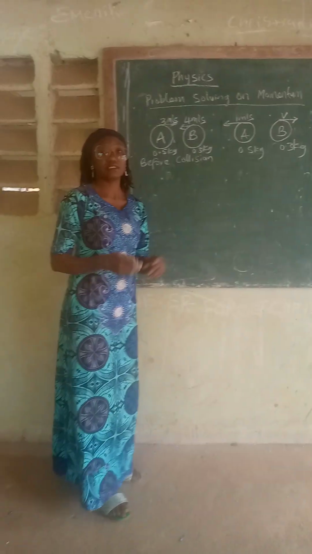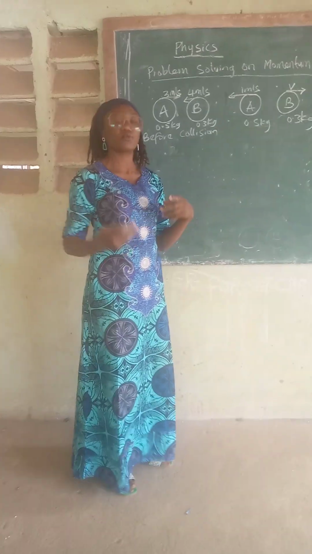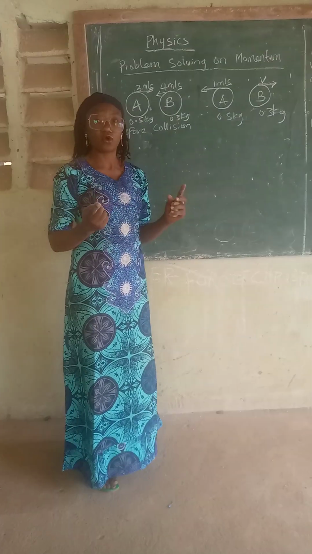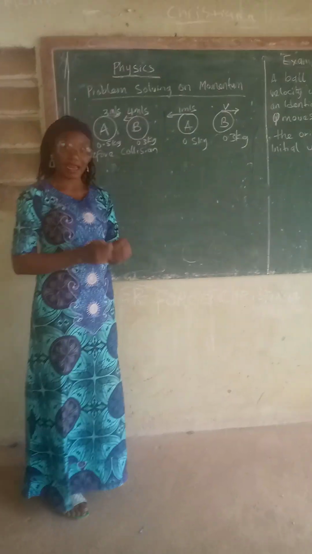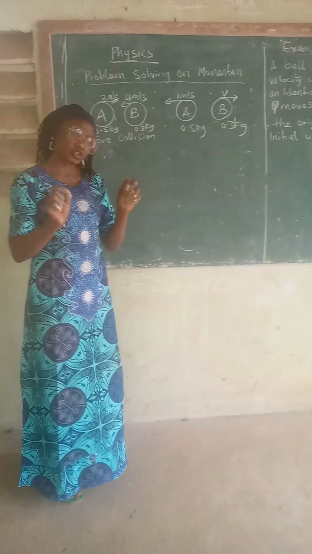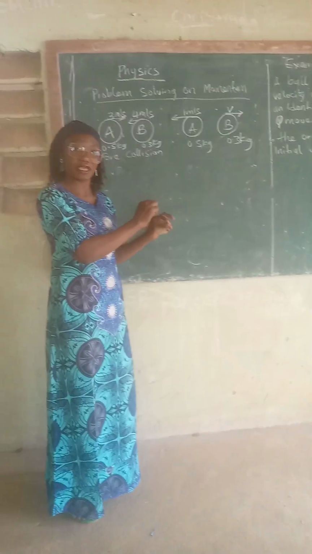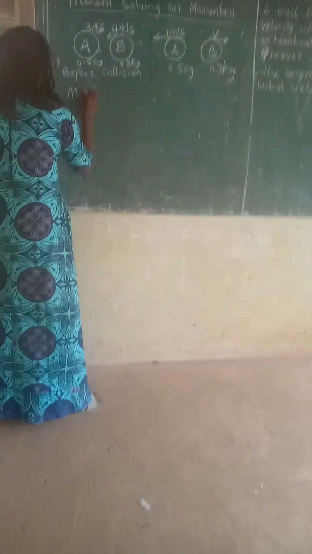Now the formula is still the same thing. Mu plus mu is equal to mu plus mu. However, I've told you before that the negative will always represent opposite direction. With this information, we are going to put it into the formula while solving.